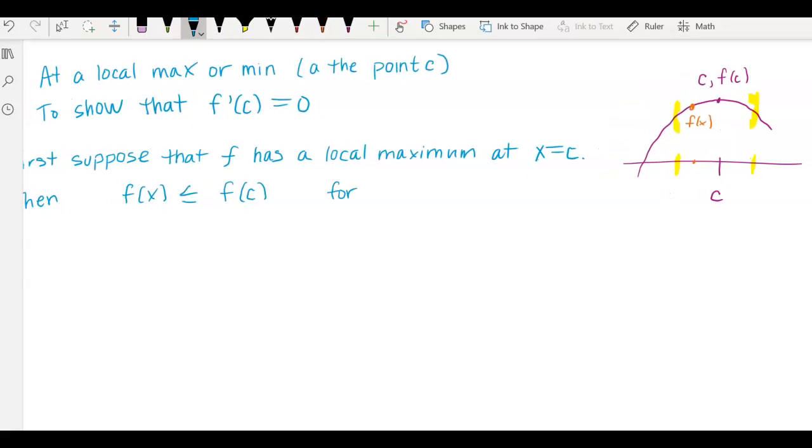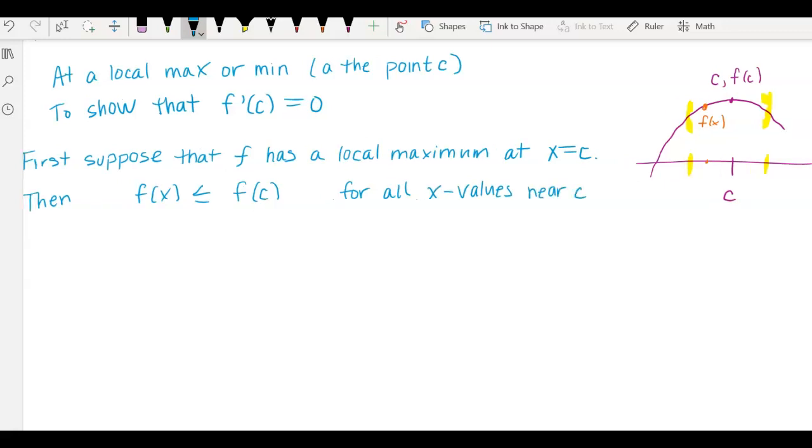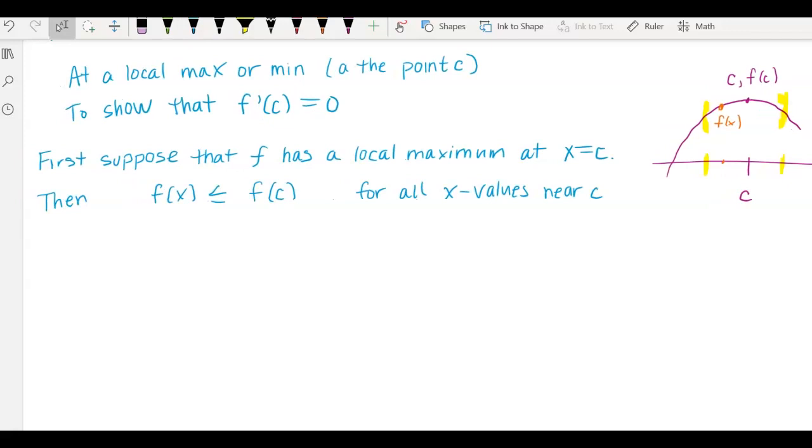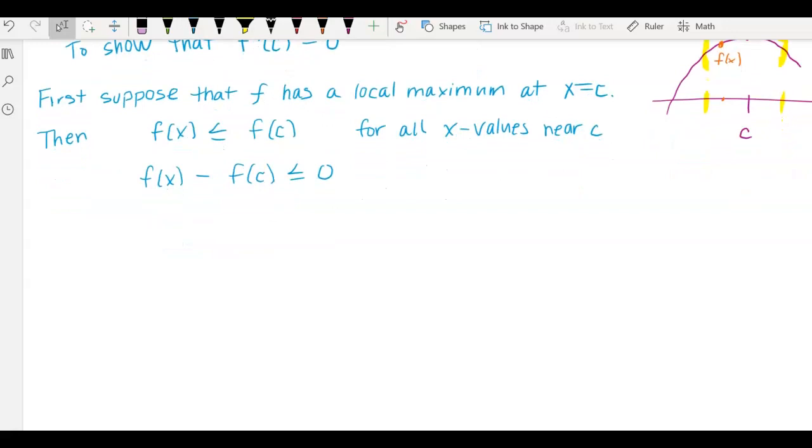So for all x values near c, moving the f of c over to the left-hand side, we can say f of x minus f of c is less than or equal to 0. So the point c is in the domain of f.